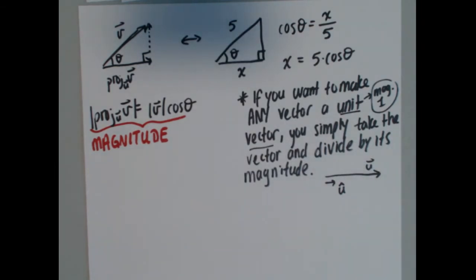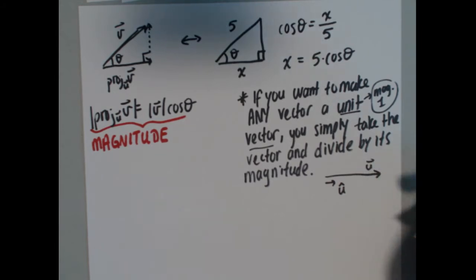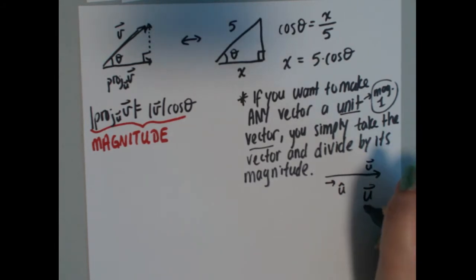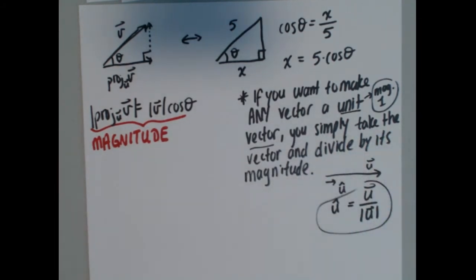So based on this definition, take the vector and divide it by its magnitude. So I take vector u and I divide by its magnitude. So this should be u hat. This is the expression for a unit vector. U hat is equal to u over magnitude of u. Now going back here, I already have the magnitude of the projection.